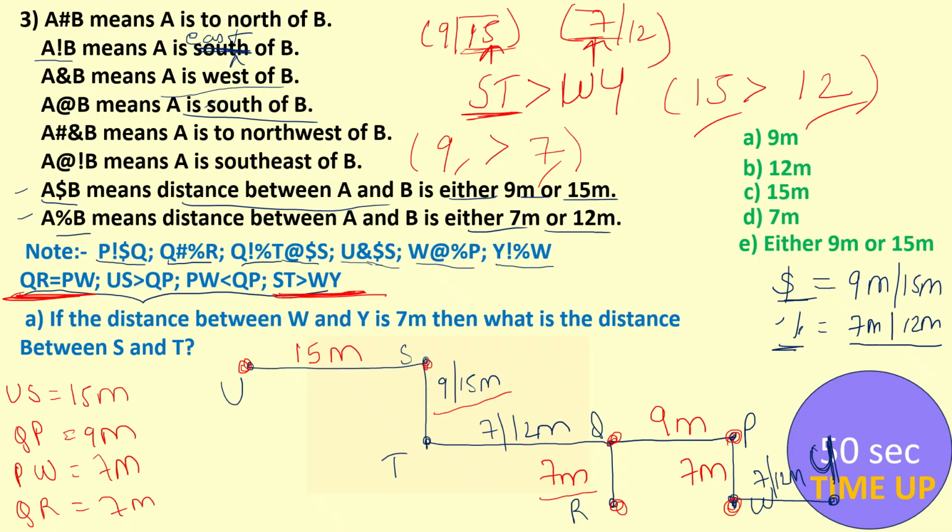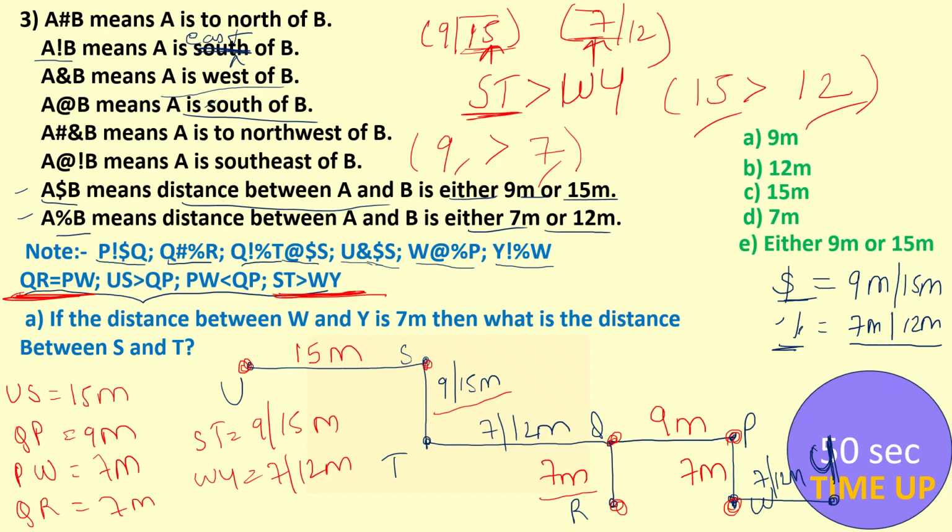So ST distance can be 9 or 15 meter, and your WY distance will also be 7 or 12 meter. Because no condition proves that ST is 9 meter or 15 meter. It can be either.